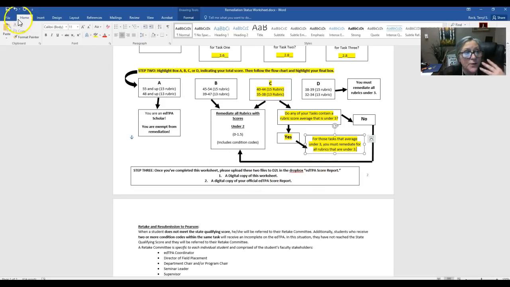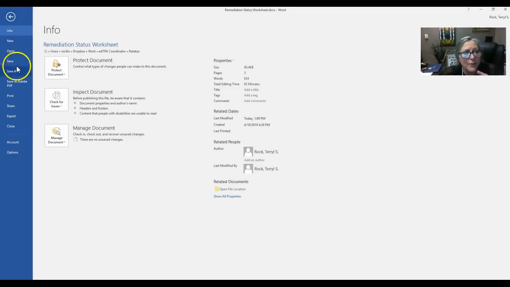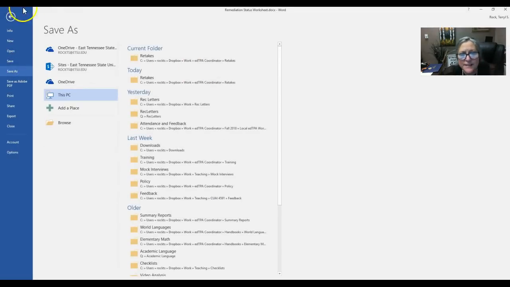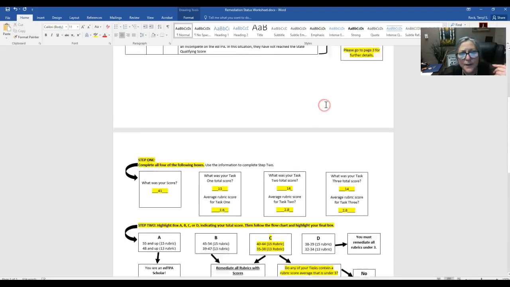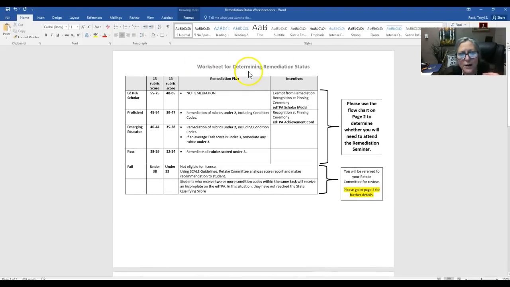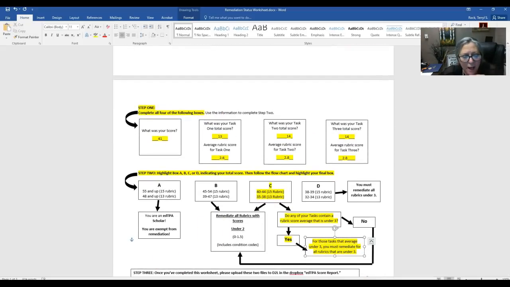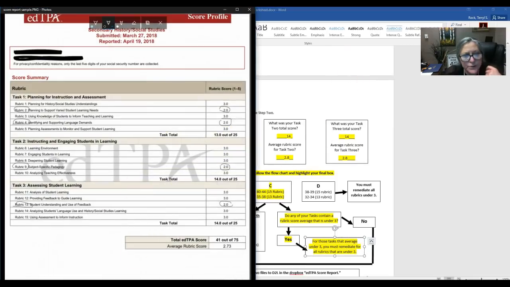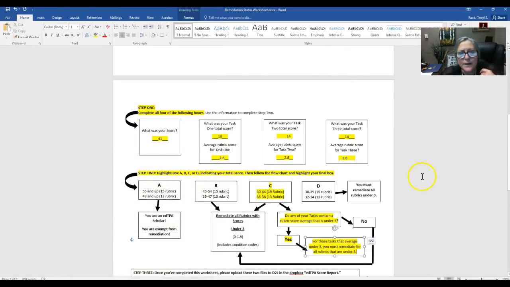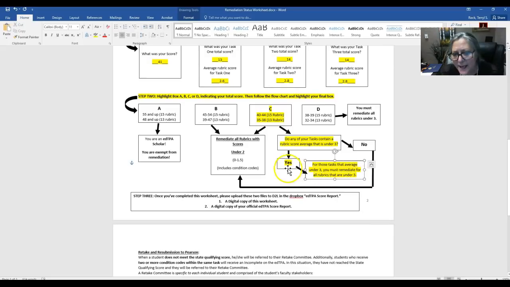So I'm going to go ahead and save this as my Terrell Rocks worksheet for remediation status, and I'm going to put that in the Dropbox on D2L along with my score report here.